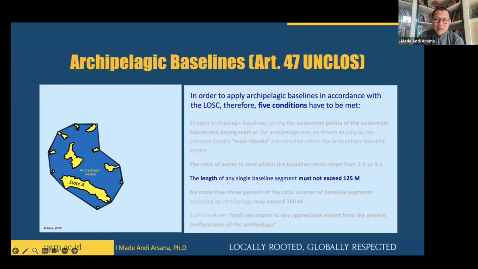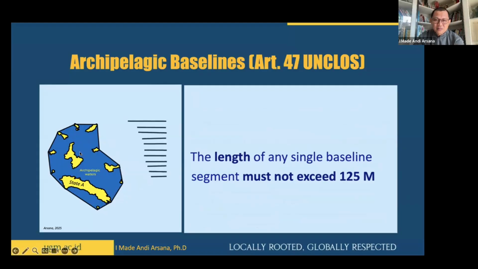We have to measure the length of this single segment like this. Every segment will have its own length, and the longest one must not exceed 125 nautical miles. This must not be more than 125 nautical miles, the longest one. So that is the longest segment allowed.